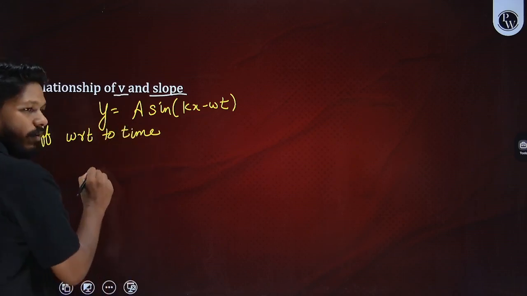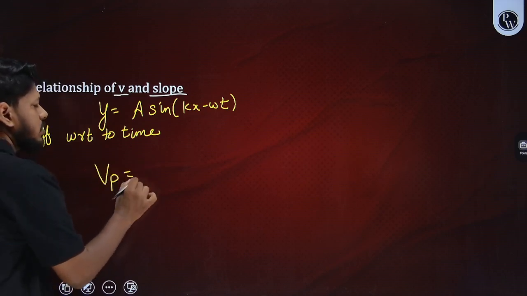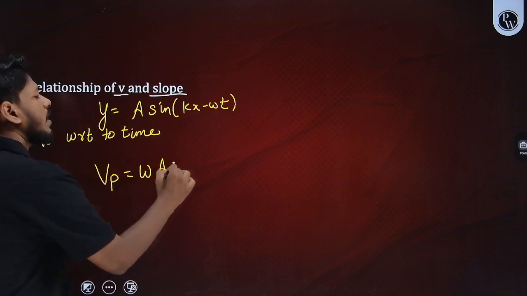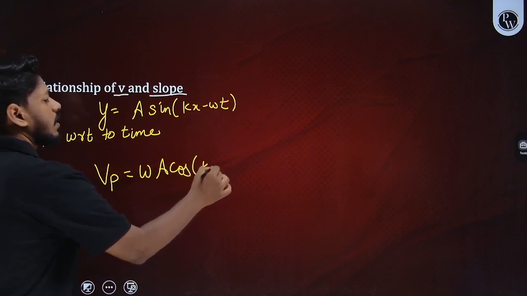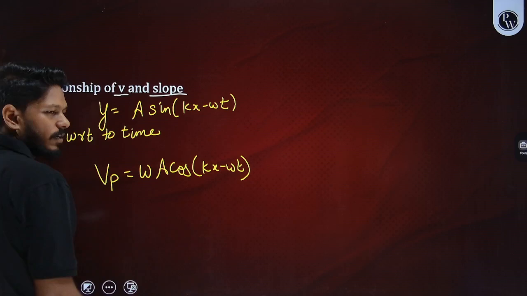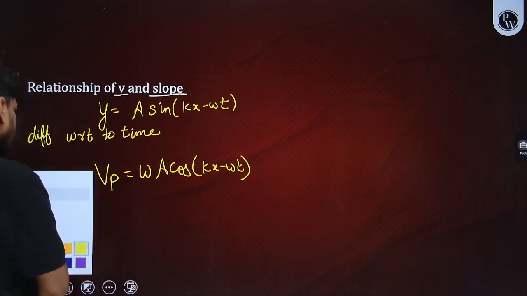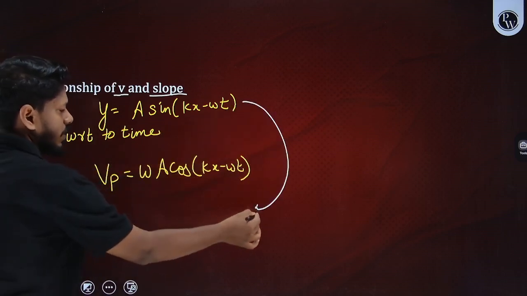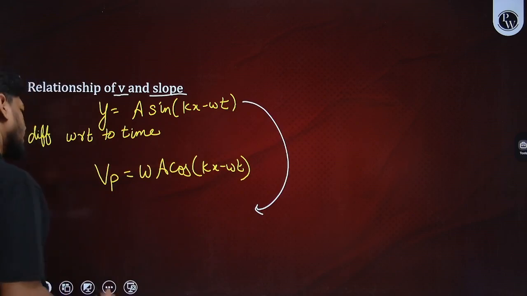What will I get? Velocity of particle is equal to omega a cos of kx minus omega t. Any difficulty?